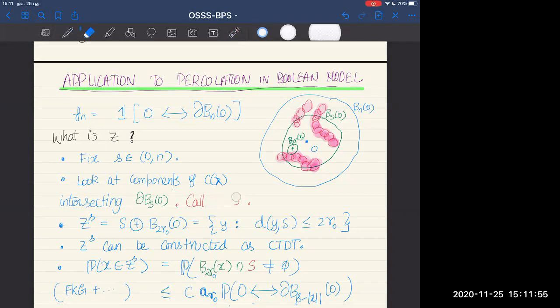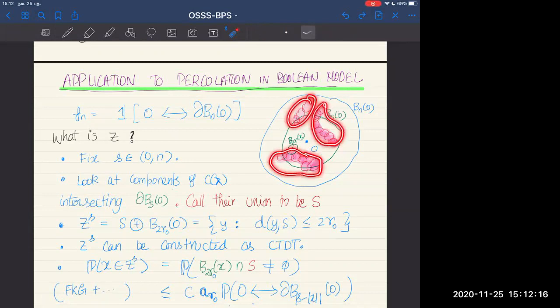Call their union capital S. So S is the union of the components intersecting this intermediate ball, the boundary of the ball.